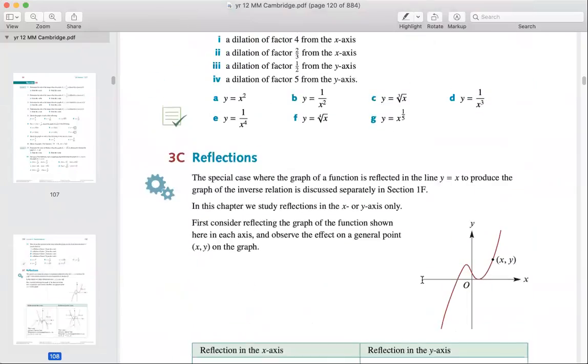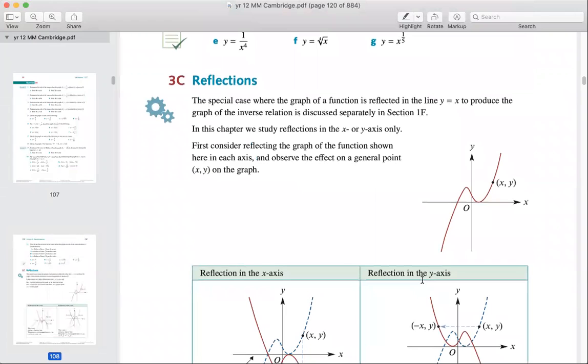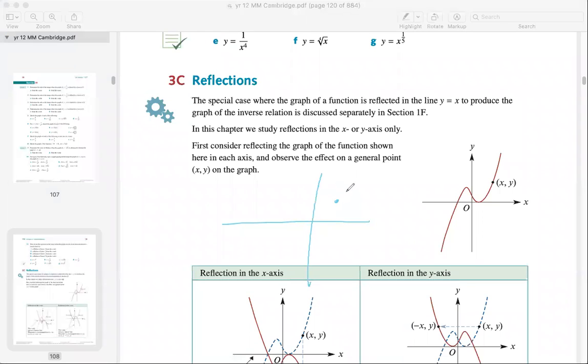Next, 3C is called reflection. Again, similarly, if we reflect in the x-axis, we actually change the y value. Let's say for any point (x, y), if I reflect in the x-axis, it becomes what? (x, negative y), right? So my y coordinate changes.